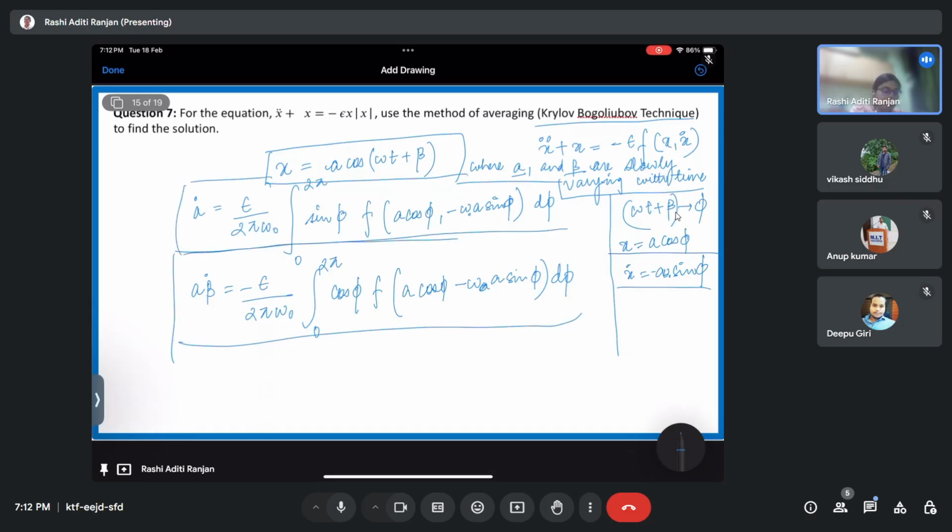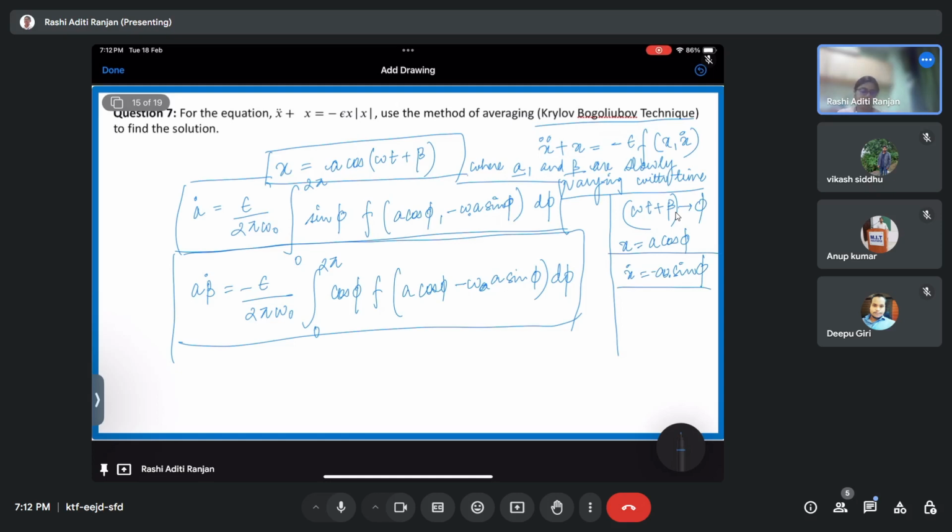From these equations, what can we do? We can find a dot and beta dot. We can integrate it with respect to time and get a and beta. If I know a and beta, I can put it into the main equation, which is x equals a cos of omega t plus beta, and that is the solution.